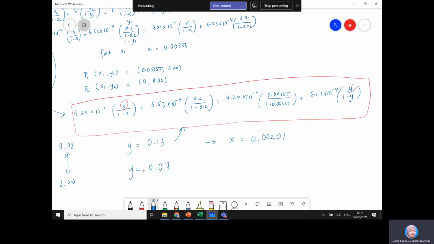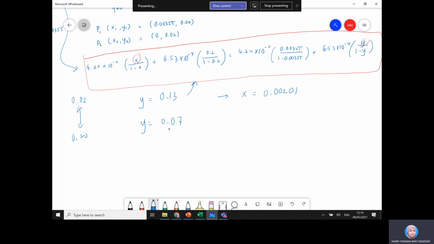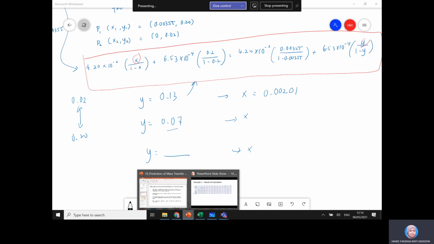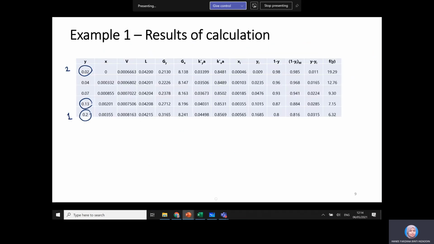You put some Y and you get some X, you put another Y to get some X. Three intermediate points should be sufficient to get a nice curve later. So these are your three intermediate points of your absorption tower.